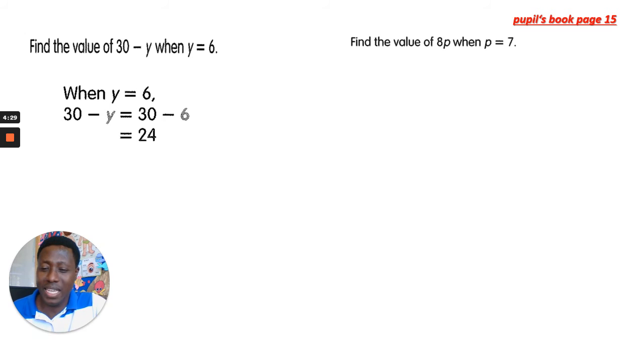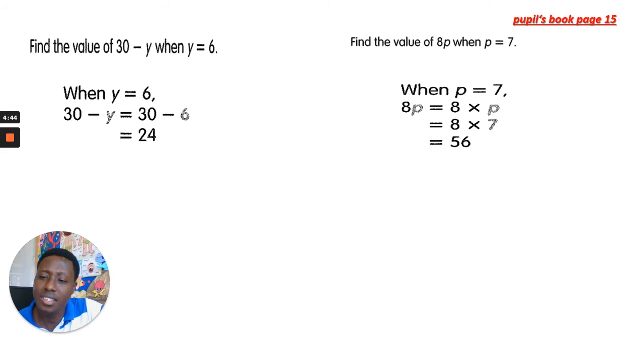So when we say 8p, it means 8 multiply p, and p is 7. So here, that's what you have to do. 8 1s are 8, 8 2s are 16, 8 3s are 24, 8 4s are 32. So 8 multiply by 7, your answer is 56. Don't say 56, 56. Okay?